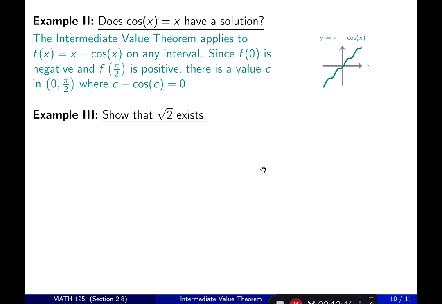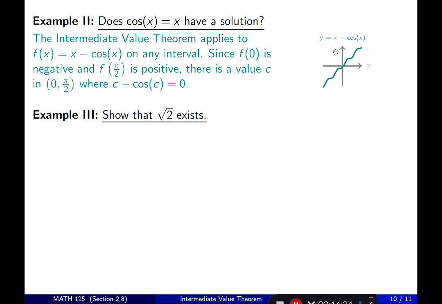The next is show that square root of 2 exists. So sometimes, for example in the previous one, I can algebraically solve for c and find c, but sometimes you just use the intermediate value theorem, and sometimes you know how to solve the equation and find the actual root.